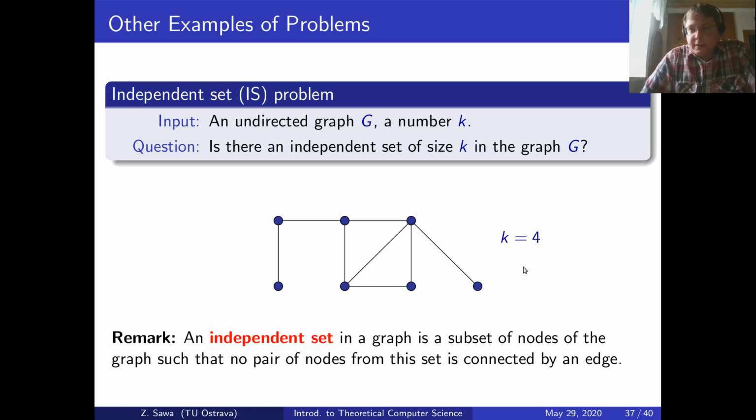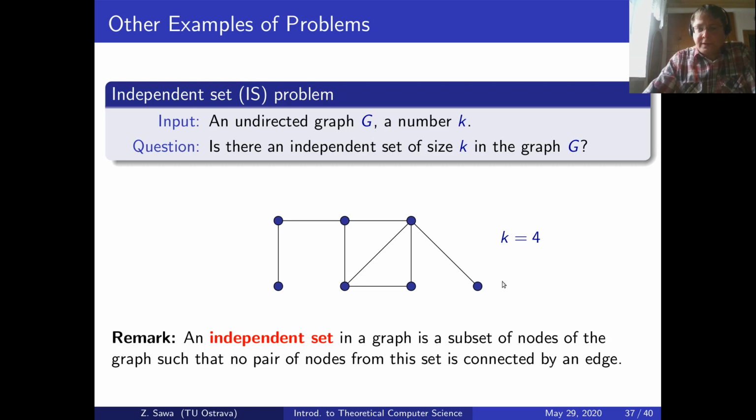So it's obvious that if we could solve this optimization problem, then we could solve this decision problem. And you can think also about the possibility that if there would be an efficient algorithm for this decision problem, then in fact we could solve efficiently also this more general optimization problem.